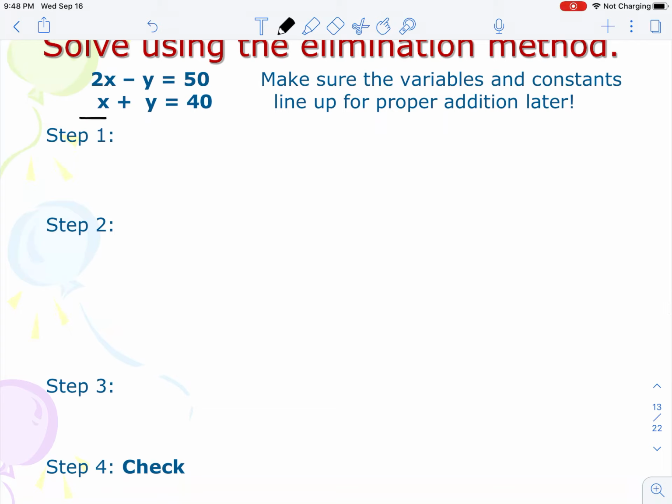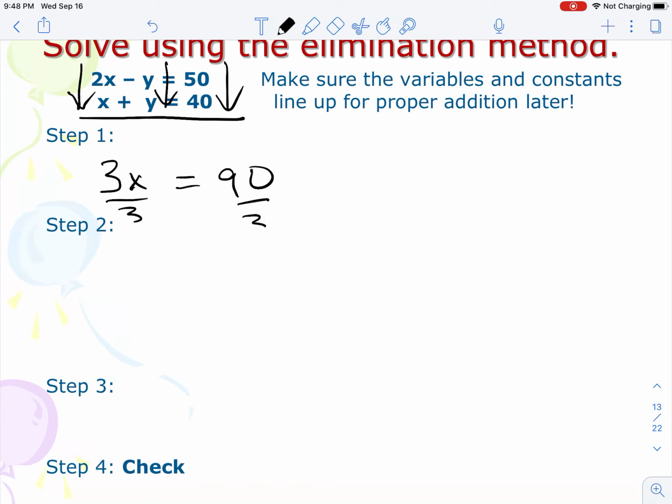Right away with this one, I notice I don't have to do anything to either of them. I'm just going to add the columns straight down. And what I end up with is 3x, the y's cancel out, equals 90. I divide by 3, and x equals 30.